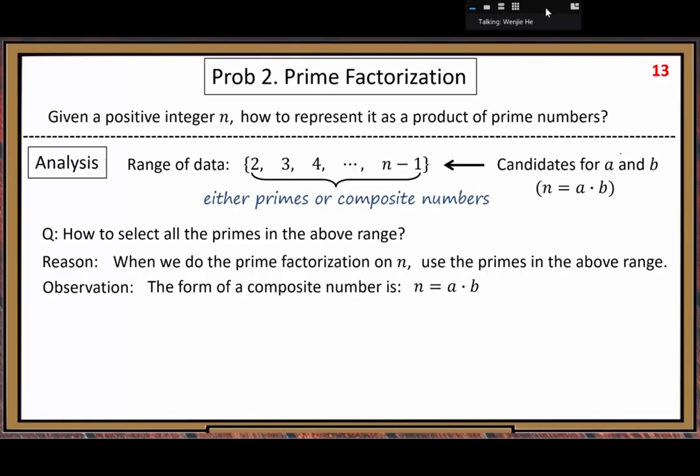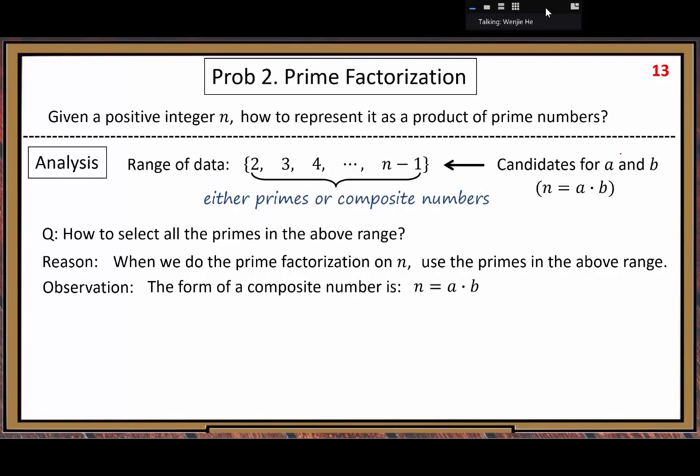In problem solving, there is one typical situation like we have here. When we work on a problem, there are more than one cases to work. Here we have two cases. One is the prime case: we work on prime numbers directly.